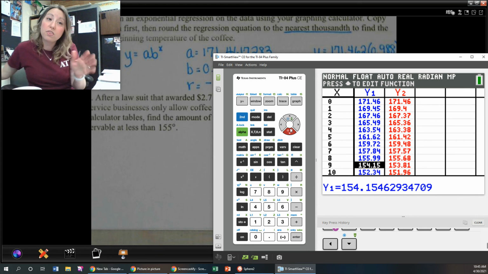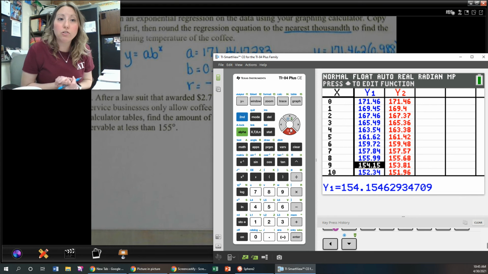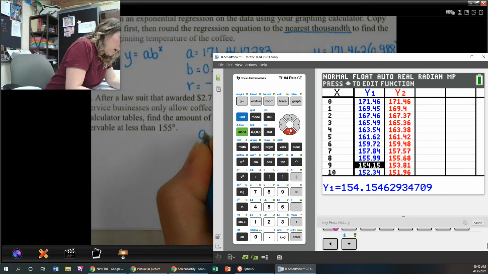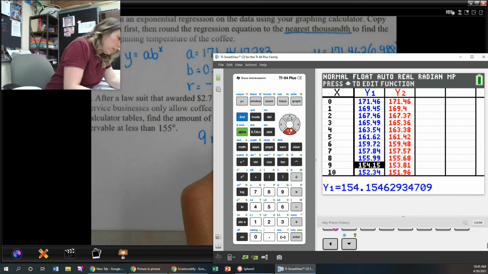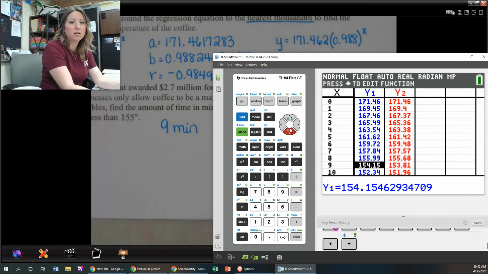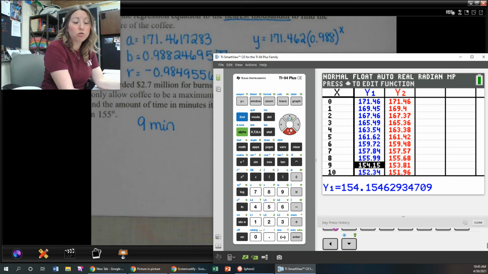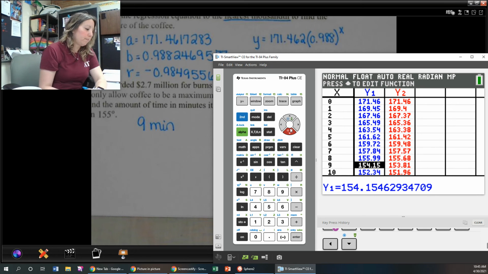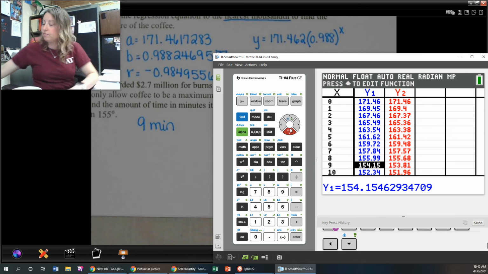Thankfully, both regression equations this time give me the same result, which is I can serve this coffee after 9 minutes. It's going to take that long for the coffee to cool down so that I can serve it. Less than 155 degrees. All right, next question.